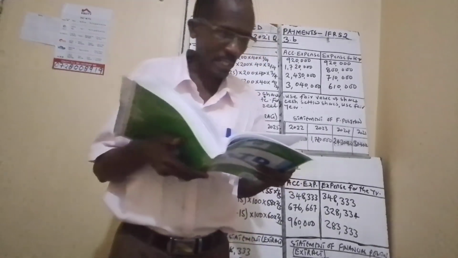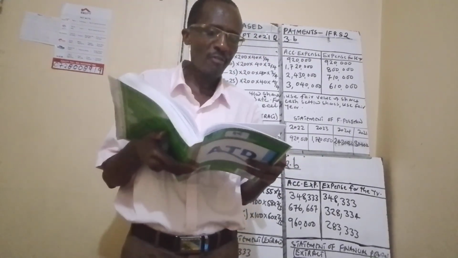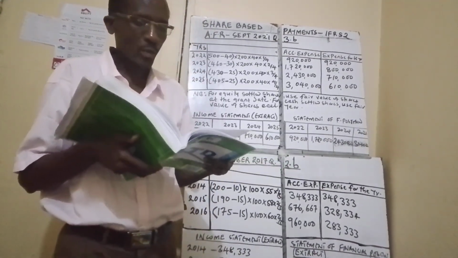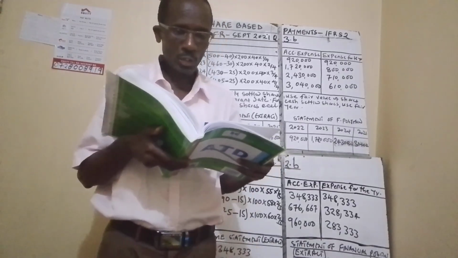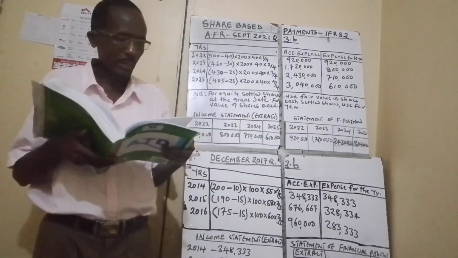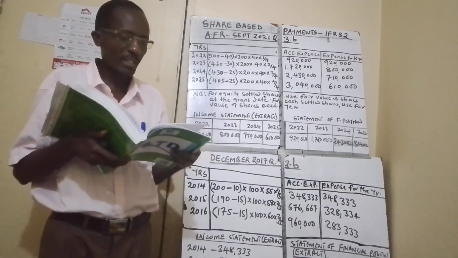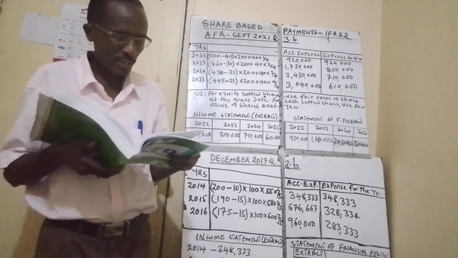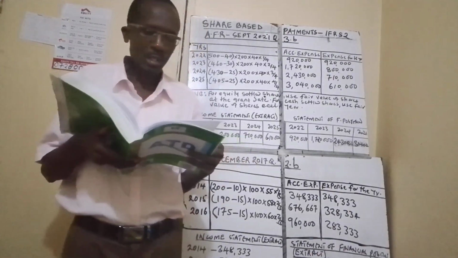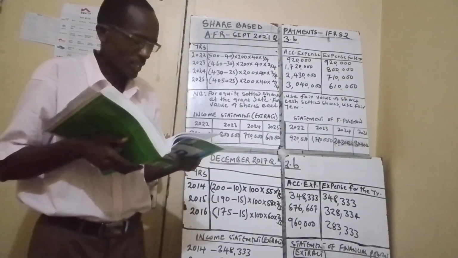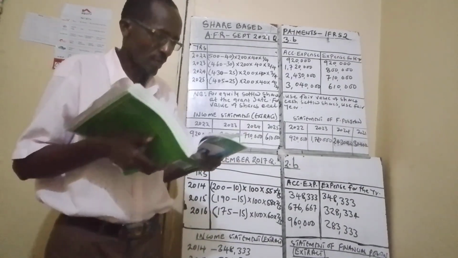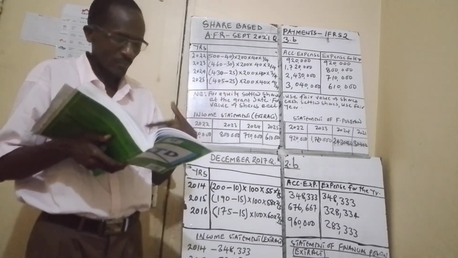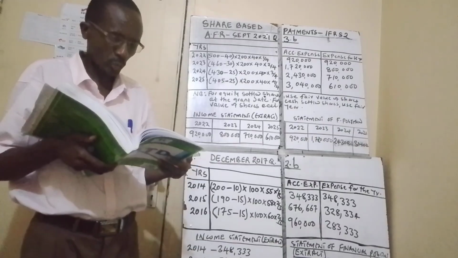Peponi Limited decided to grant its 500 employees 200 share options each from 1st July 2021, on condition that the employees still be in employment as at 30th June 2025. The company has provided the following details regarding the share option scheme. Now we have the years 2022 up to 2025. Then you are given number of employees expected to leave, then fair value of each option.